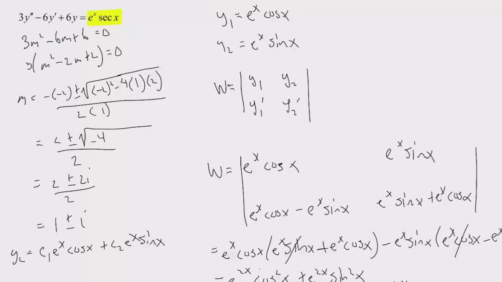So since I have a 3 there, that means I got to divide every term by 3. So our f of x is going to be e to the x secant x divided by 3, or just 1/3 e to the x secant x.